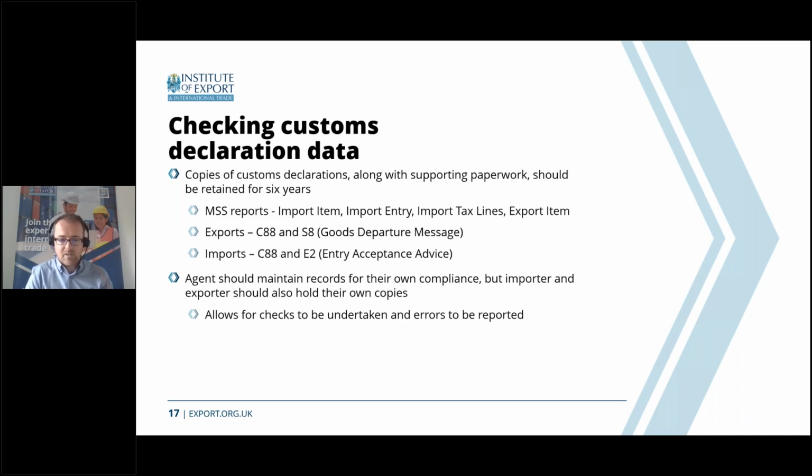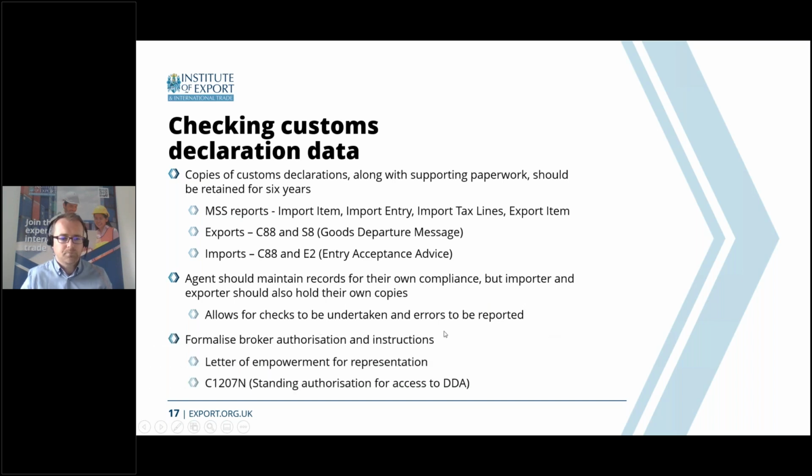Something we definitely observed in the last couple of years with COVID and limited access to premises, to physical documentation, archiving, etc. But the quicker we've got access, the quicker we can take corrective action. We can do those checks, and we can spot those errors and report them as necessary.